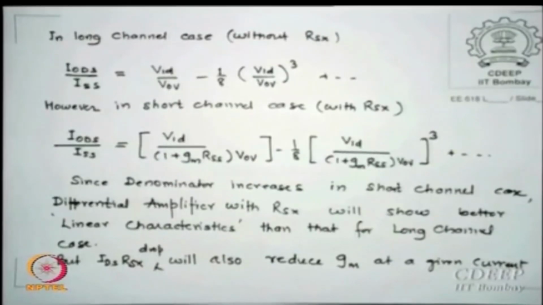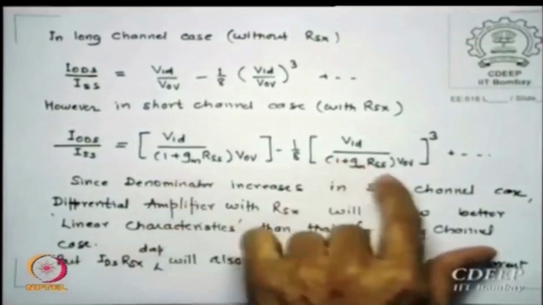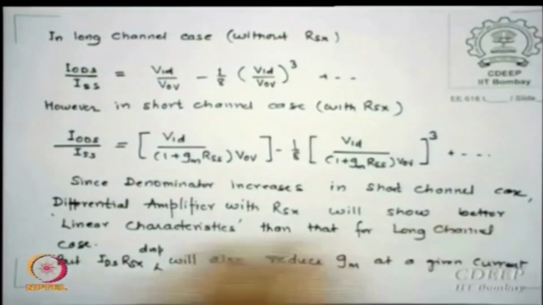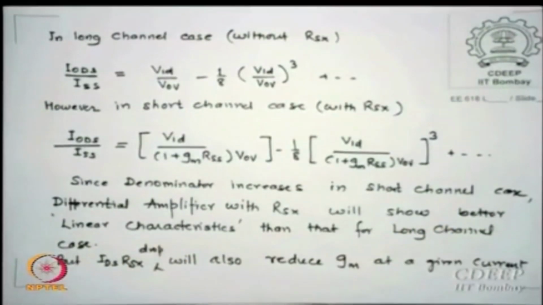Do you see the denominator is increasing? Since the denominator is cubed and increasing, in the short channel case the differential amplifier with RSX will show better linear characteristics than the long channel device.